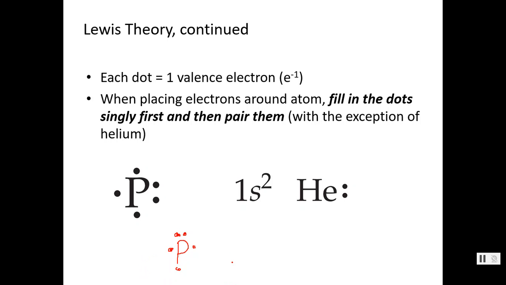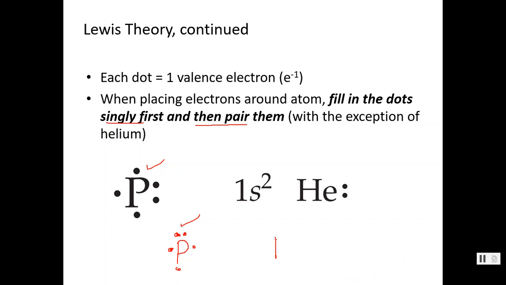Note that it doesn't matter that these 2 electrons are on top in this Lewis dot structure and on the side here. As long as you place them singly first and then pair them, you will have a proper Lewis dot structure. So both of these would be correct for phosphorus.